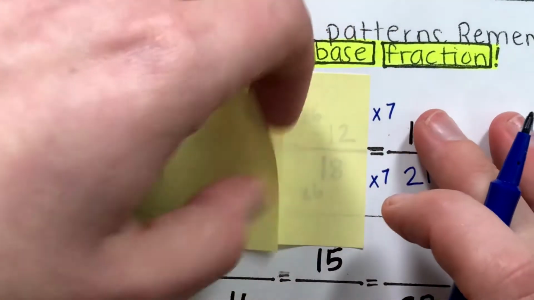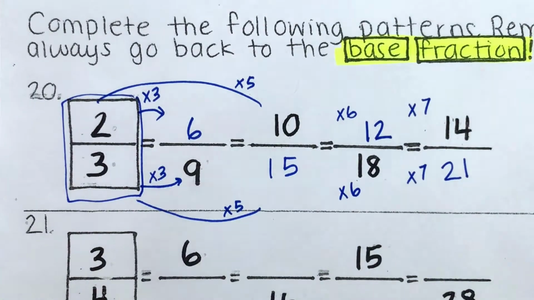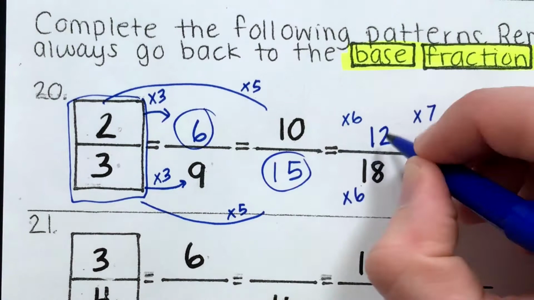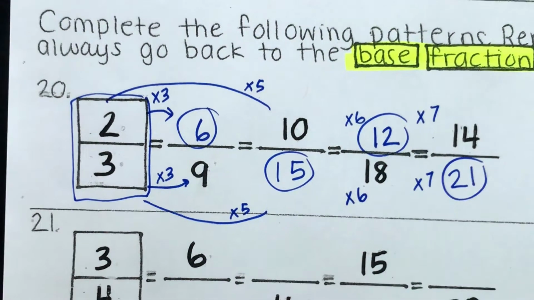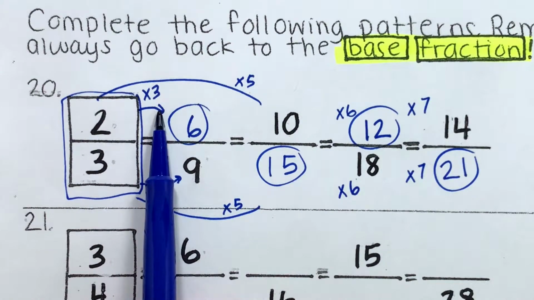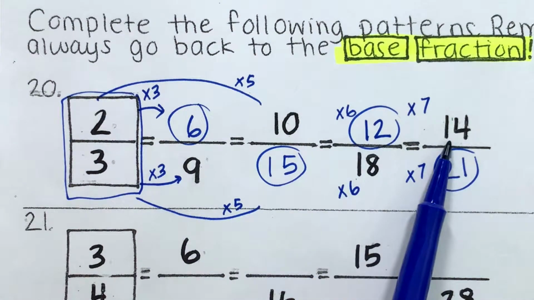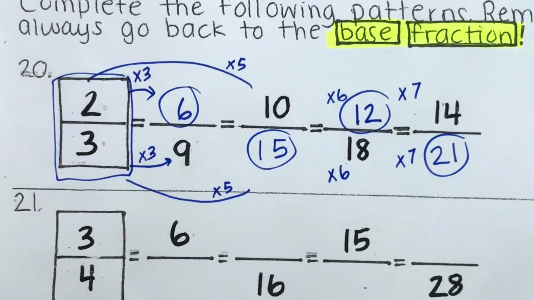Okay, so if we take our Post-its away, now we have a full line of missing numbers, all done correctly. And you can see there's no pattern. The first one was times 6, the second one was times 5, the third one was times 6, and then the fourth one was times 7. So there really is no pattern that you can follow.